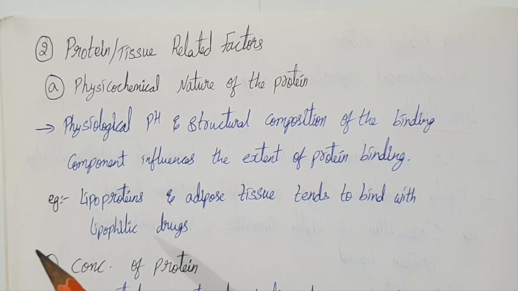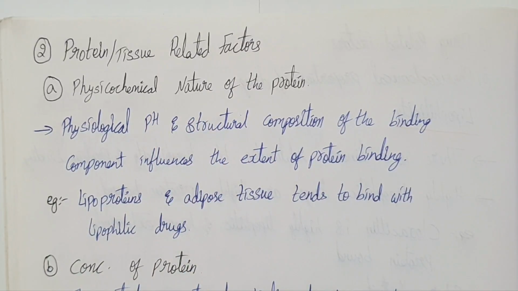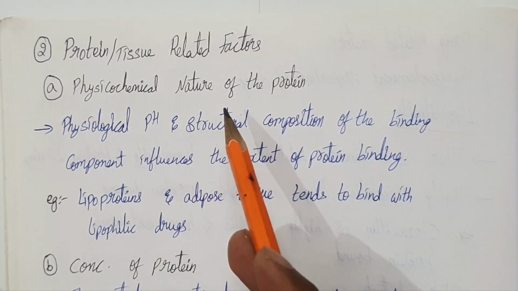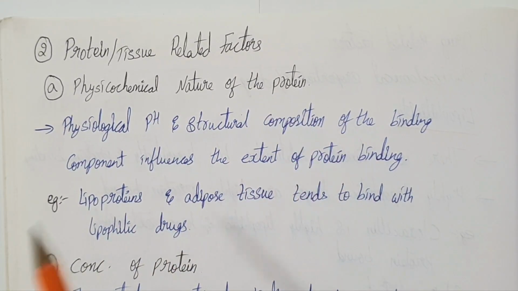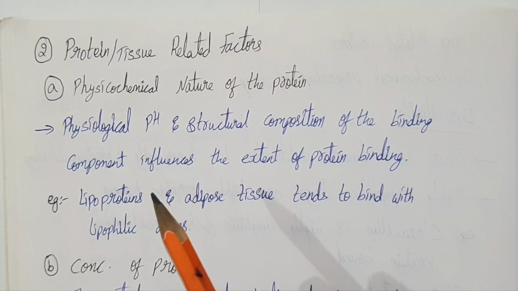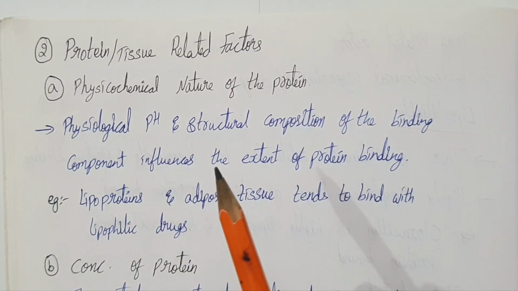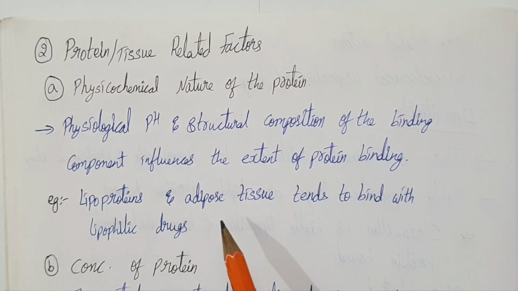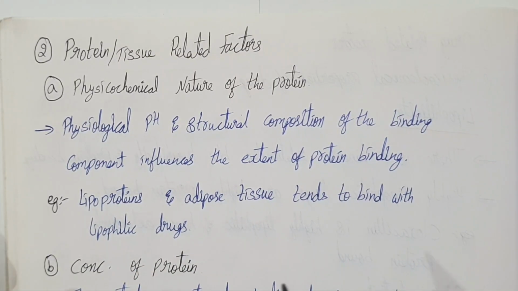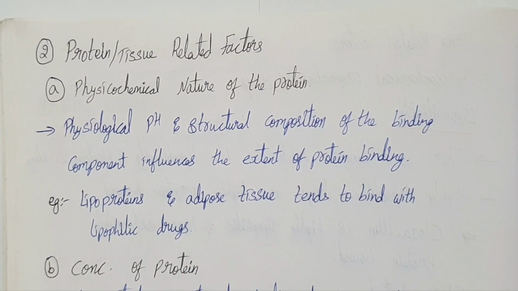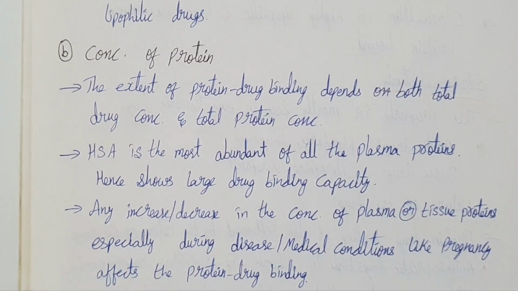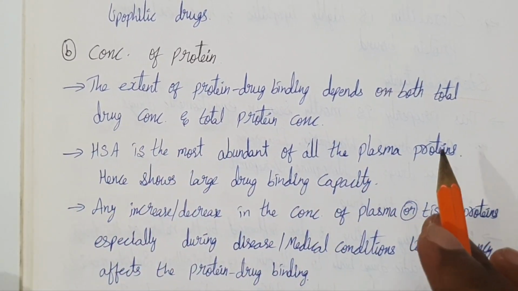Now let's talk about the proteins themselves. First one is physicochemical nature of proteins. The structure and charge of proteins influence drug binding. For example, lipoproteins and adipose tissue tend to bind lipophilic drugs. Then we have the concentration of protein here.